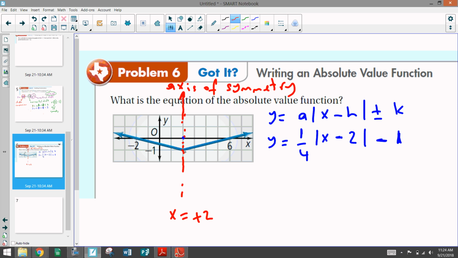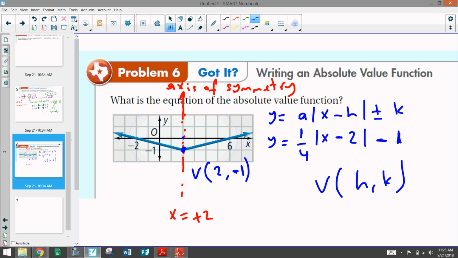The coordinates of the vertex, there are two methods to do that. What is this? X is 2, y is negative 1. X is 2, y is negative 1 is giving me the coordinates. Without knowing this, I can tell you that h and k, remember, this formula gives you the vertex.